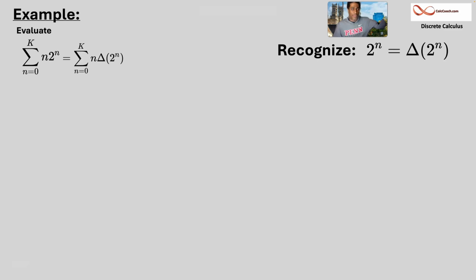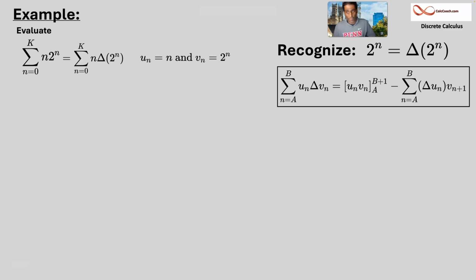So my two terms are U sub n equal to n and V sub n equal to 2 to the n. We have the formula for summation by parts, and first we have the term where the product of u and v is there, but the fundamental theorem of discrete calculus is used on that, where we plug in k plus 1 and then we plug in 0.